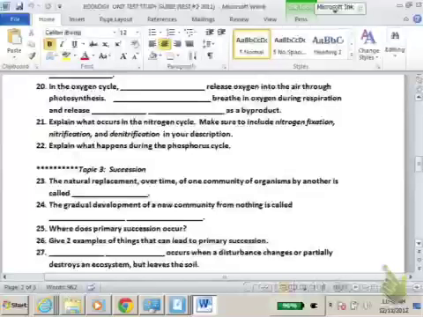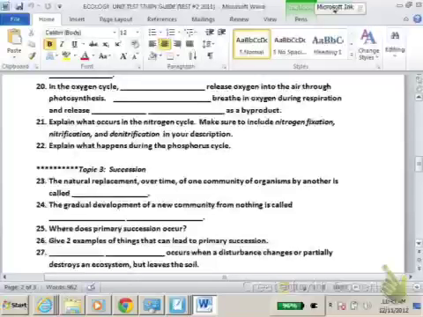That's when you get land for the first time ever. 26, give 2 examples of things that can lead to primary succession. I would say like when a volcano forms an island, or when a flood comes and even washes away the soil. Keep in mind that for primary succession you also have to replace the soil or make soil. And remember that soil comes from the wearing away of rocks and things like that.